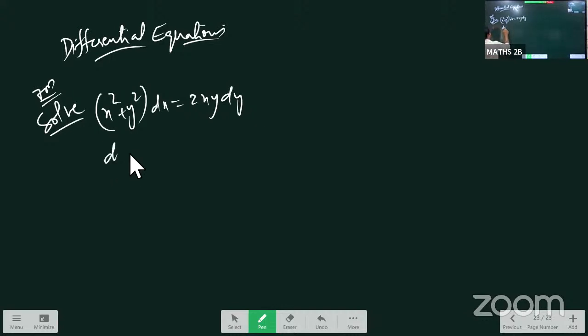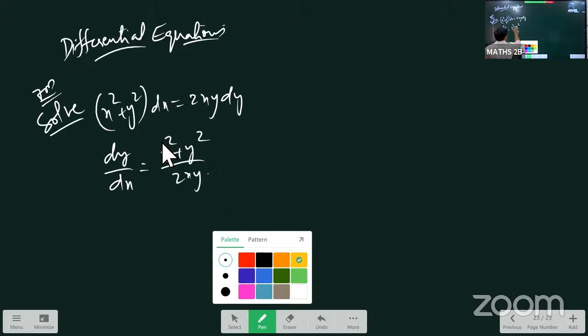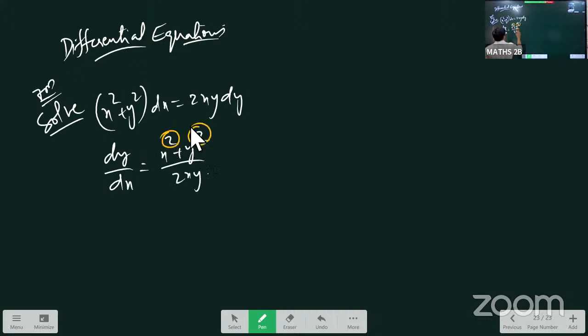Whatever the differential equation form is given, always write it with dy by dx as the subject. So dy by dx is equal to (x square plus y square) by 2xy. What is the degree here? Here the degree is 2, here the degree is also 2, the xy term degree is also 2.